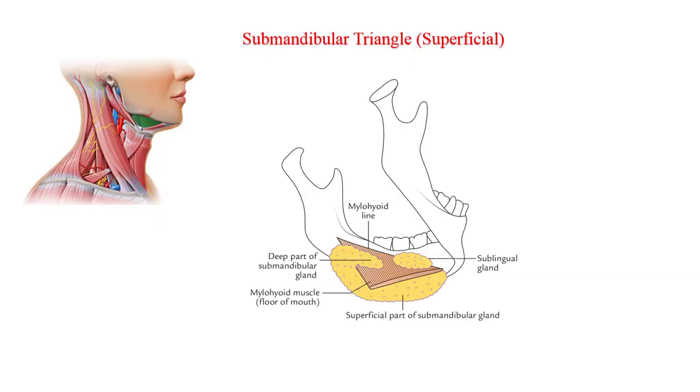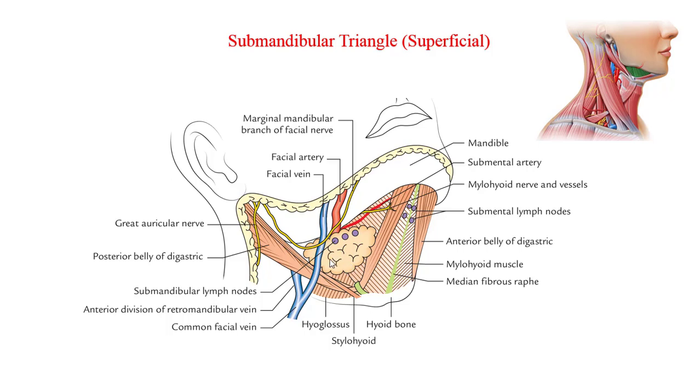The submandibular triangle contains many structures, therefore making it an important anatomical location. The mylohyoid muscle divides the submandibular triangle into a superficial and deep compartment, and in the superficial layer of the triangle you'll find the submandibular gland and its lymph nodes.